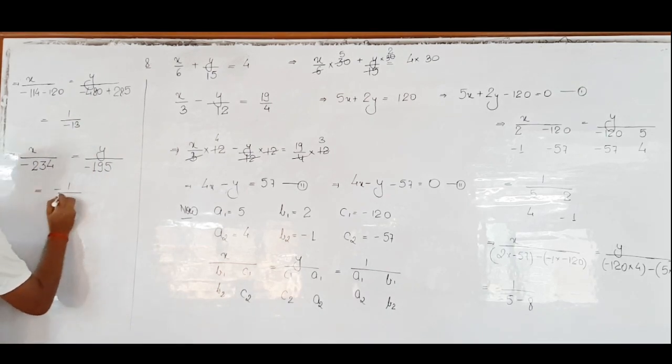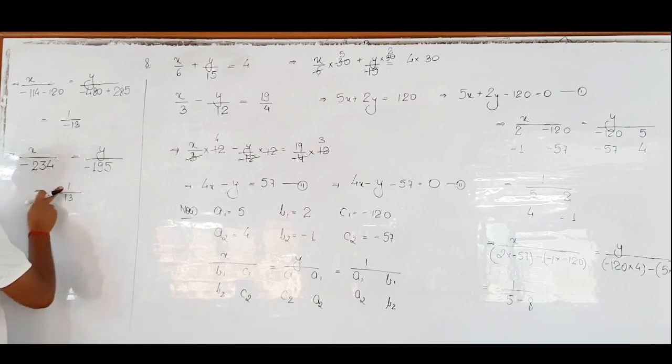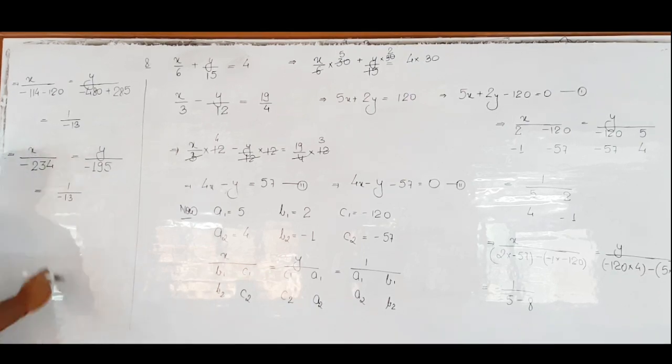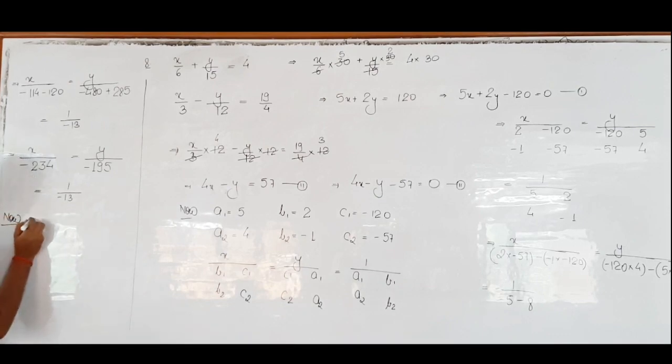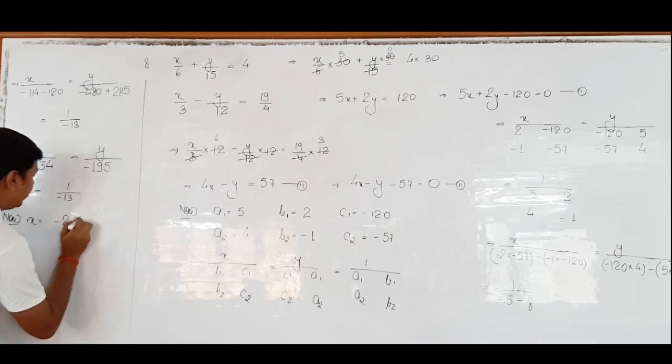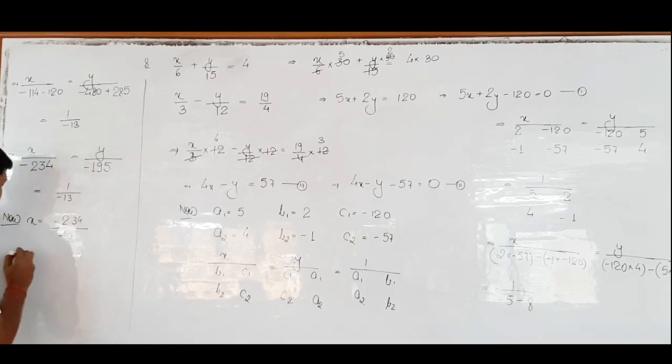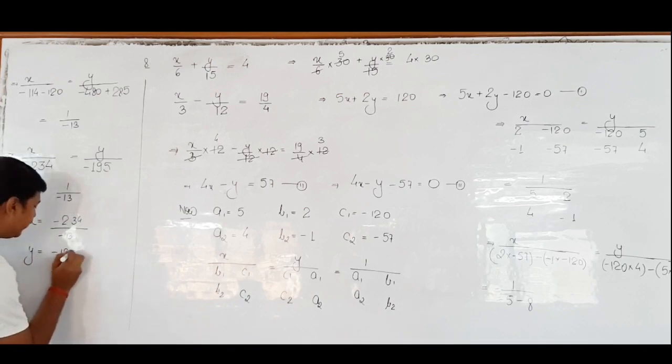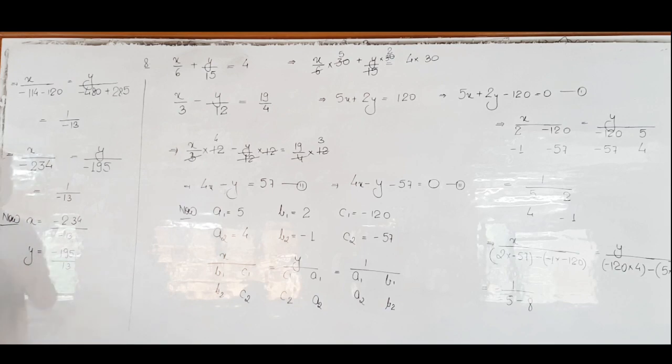And minus 1 by 13, or 1 by minus 13. Now, x is equal to minus 234 by minus 13 and y is equal to minus 195 by minus 13.